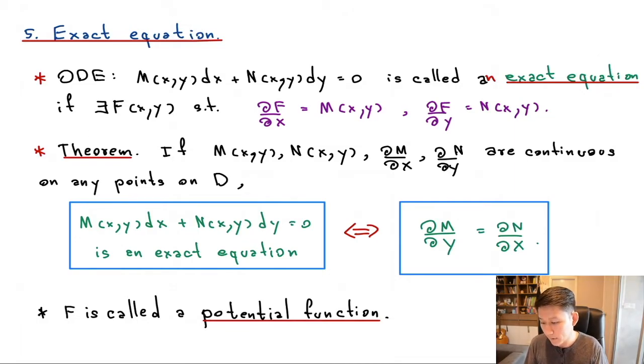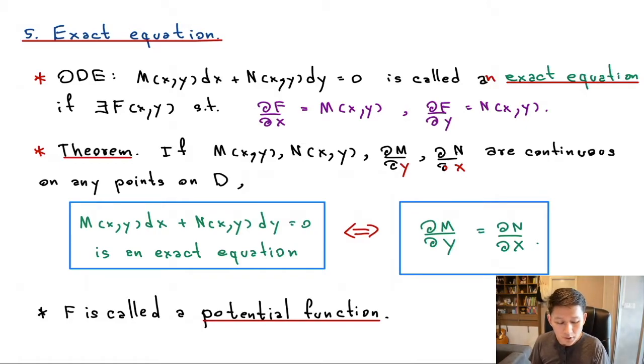Okay, make sense? Oops, sorry, I just changed this a bit. This is dM by dy and dN by dx. Sorry, my bad. Okay, and the function f here is called a potential function.